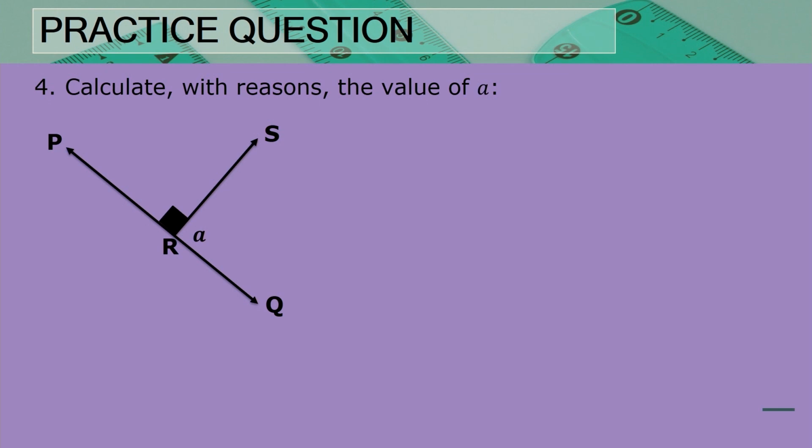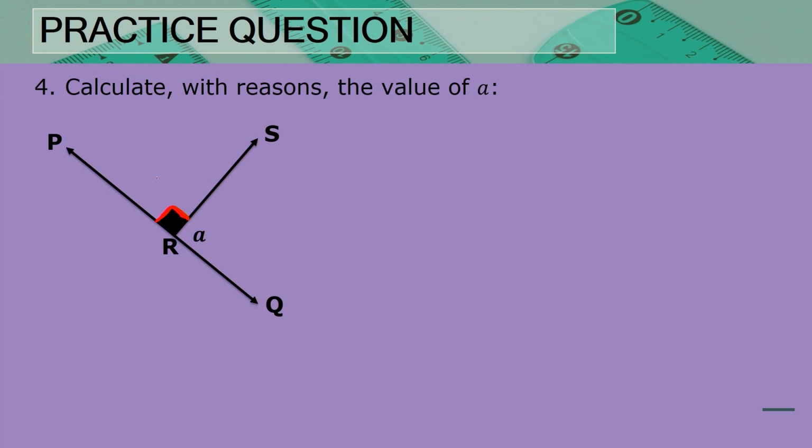Then we have our fourth question here that says calculate with reasons the value of a. Now, when we are looking at our diagram here, you might panic a little because there are no values there, but we need a value for a. But if you look more closely at this diagram, we can see there that we have a 90-degree angle. Remember how that block represents our 90 degrees.